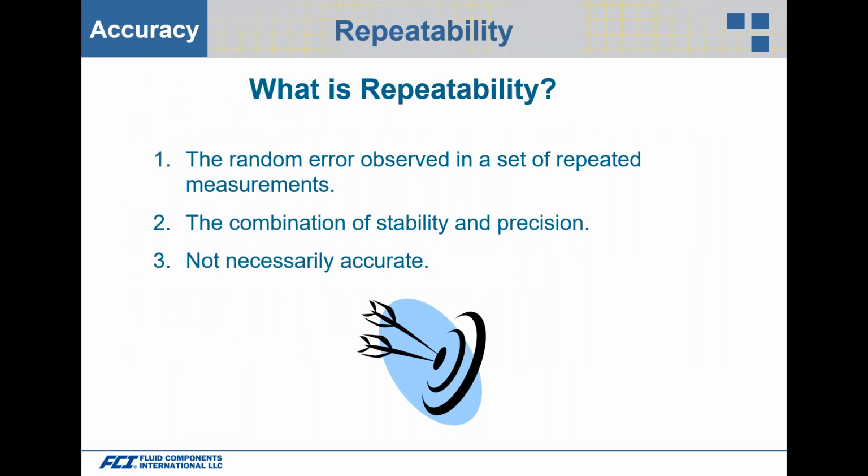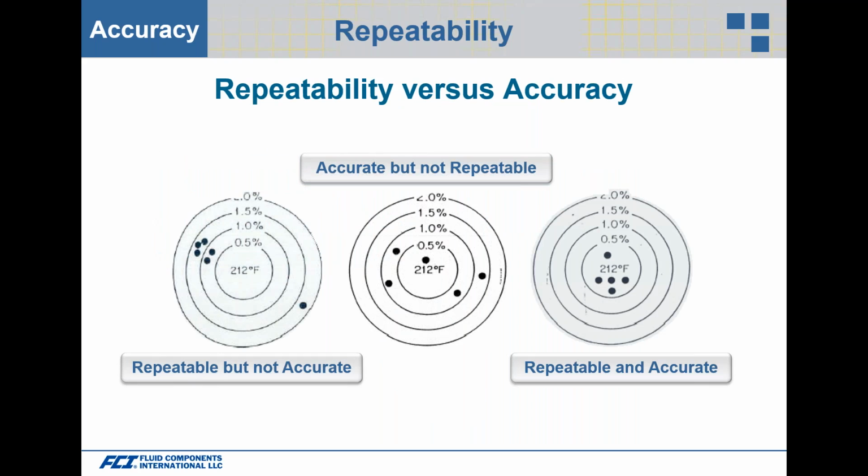So what is repeatability? Repeatability is a part of accuracy. It's the random error observed in a set of repeated measurements, the combination of stability and precision, not necessarily attributed to accuracy. If you look at repeatability versus accuracy, on the left-hand side of the screen, you see dots that are relatively close together for the most part, and we would call that repeatable, but it's not accurate because none of the dots are in the center of that bullseye.